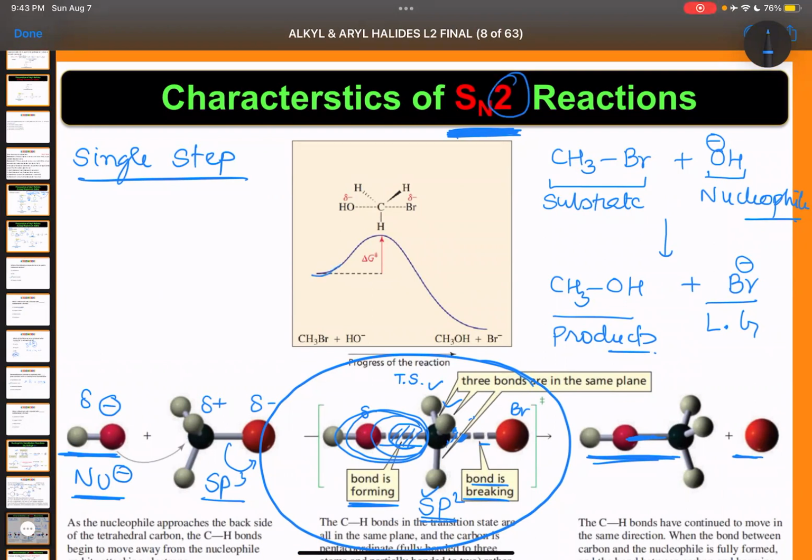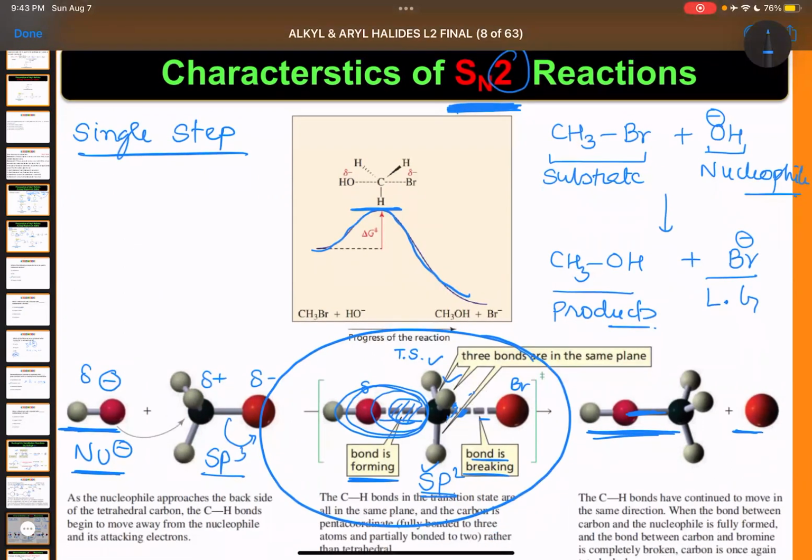And you can see the energy profile of this reaction. This is the transition state. This hump is indicating the energy profile. When the 2 molecules come and start interacting, being very close to one another, there will be an increase in potential energy, because the 2 molecules need to overcome their repulsive forces, and only then can they come together and start reacting.